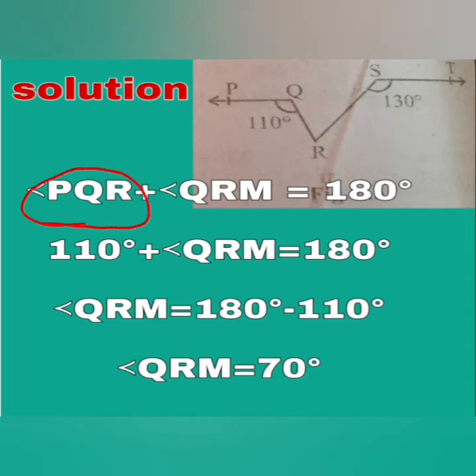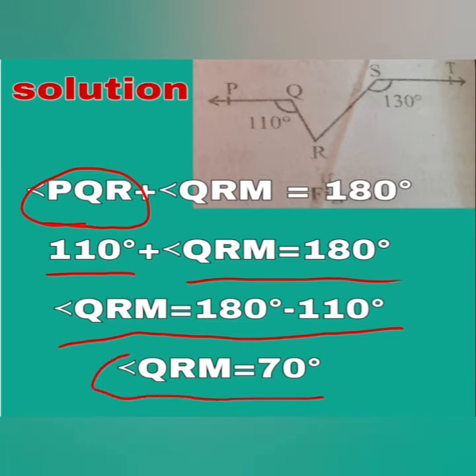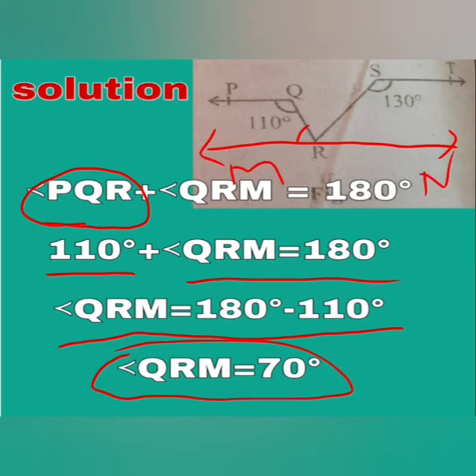PQR is already given, 110 degrees, plus QRM is equal to 180 degrees. QRM is equal to 180 minus 110, so the value of angle QRM is equal to 70 degrees.